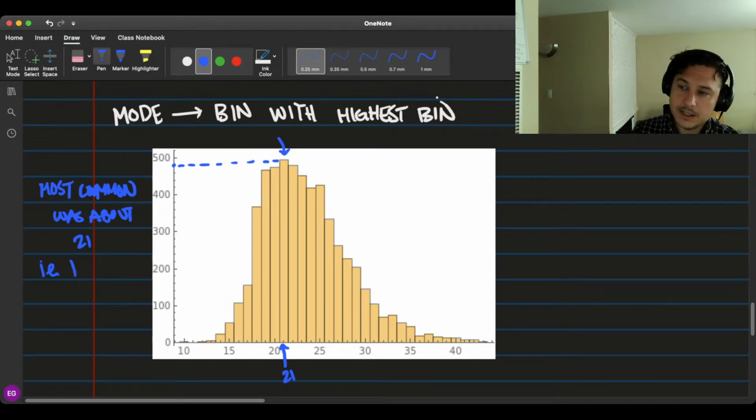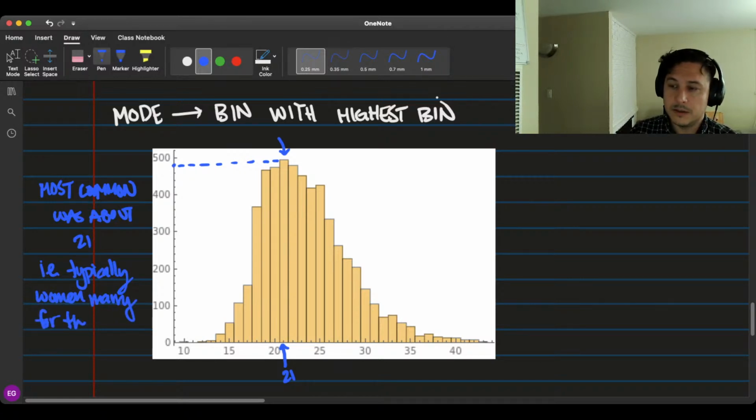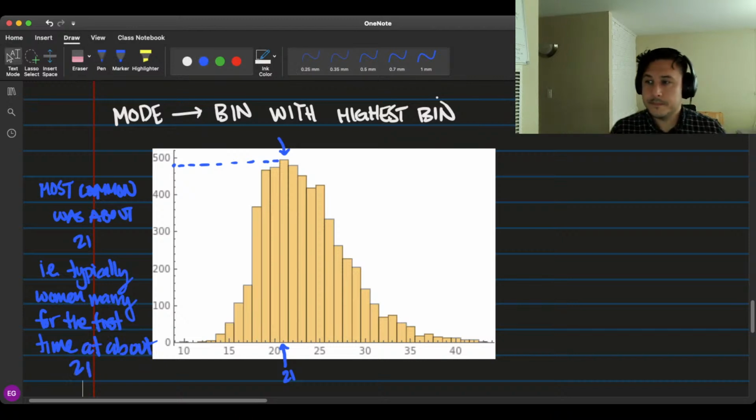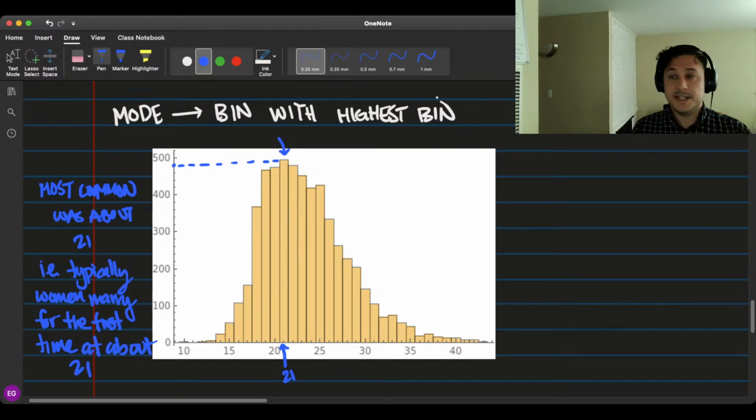I.e., typically women marry for the first time at about 21. Does it make sense that you look for the tallest bin? Good so far? Okay, I'm going to put a line through it.